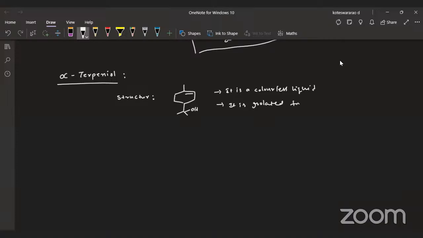Isolated from pine oil and turpentine oil. From these two sources, that terpenol is isolated. It is optically active.